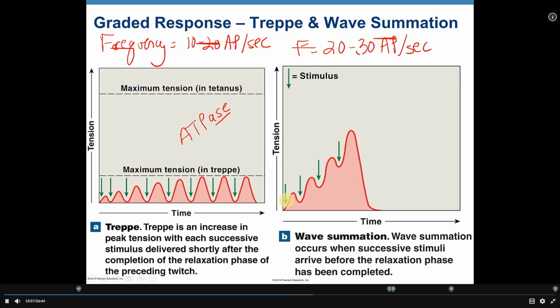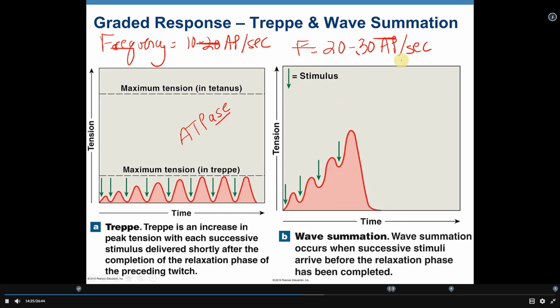So what's happening is every time there's an action potential, more and more contraction occurs and more force occurs, because the muscle never gets to go all the way back to its original resting length. So it's already partially contracted when the next action potential arrives. And this tends to form these waves, and they call this wave summation. And what's happening here is the force is increasing.